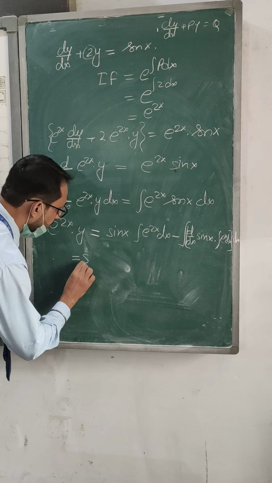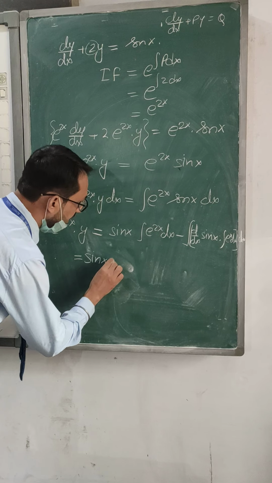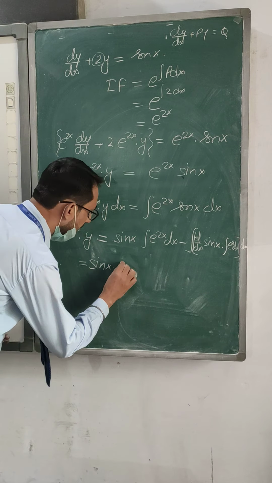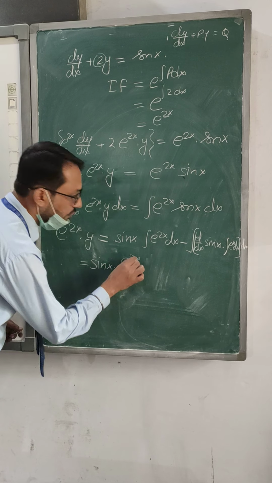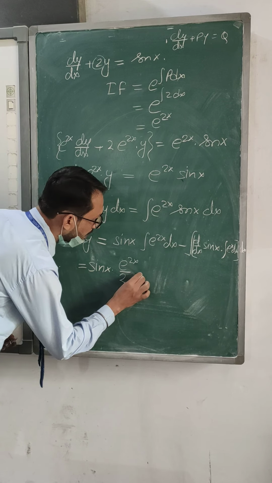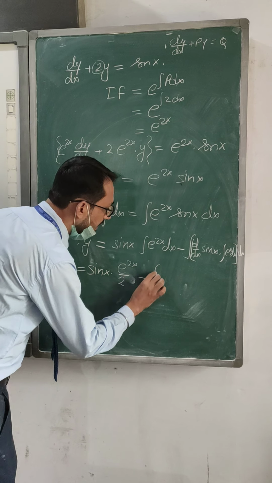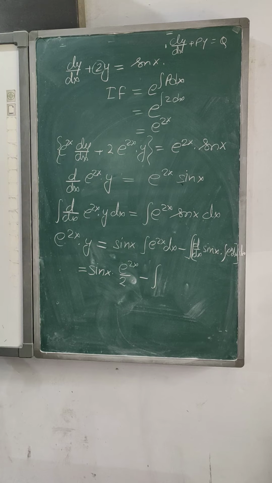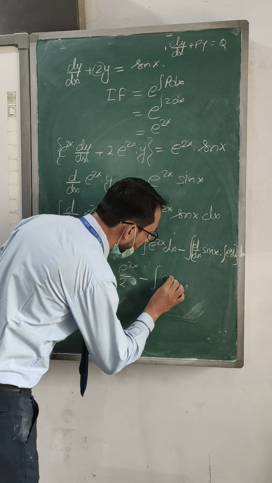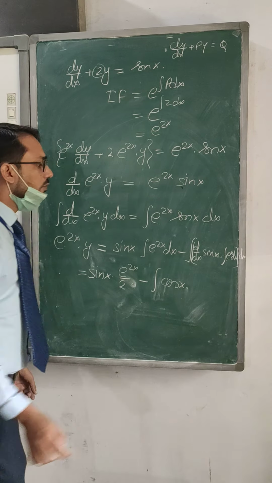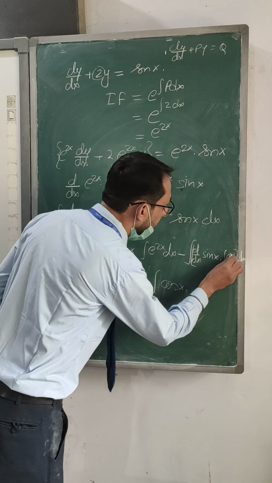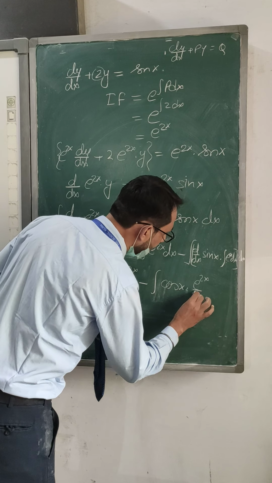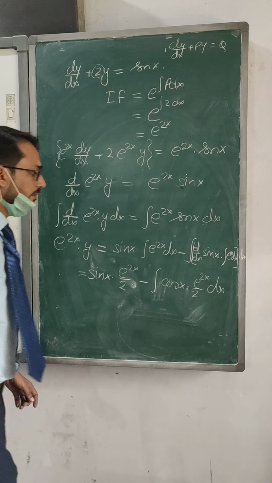So it will become sin x into the integral of e to the power 2x, which will be e to the power 2x upon the coefficient of x, that is 2, minus integral of the derivative of sin x, cos x, into e to the power 2x by 2 dx.